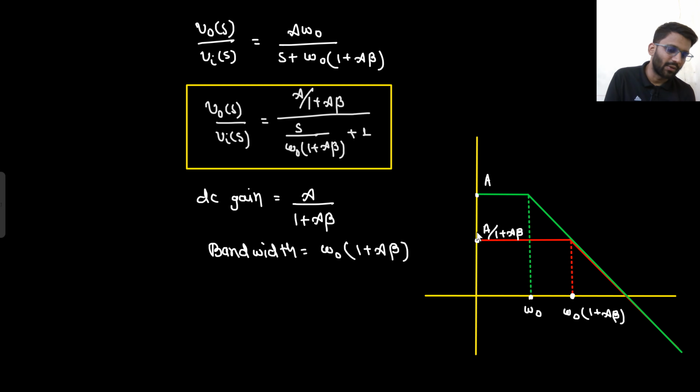That is A omega naught. A by 1 plus A beta into omega naught into 1 plus A beta. A beta will get cancelled. So gain into bandwidth, this area and then this area, is A into omega naught. So the gain bandwidth product is constant. So this was the scene for open loop, and this is the scene for closed loop.